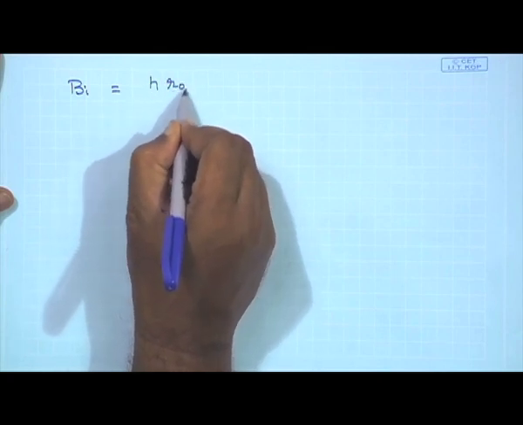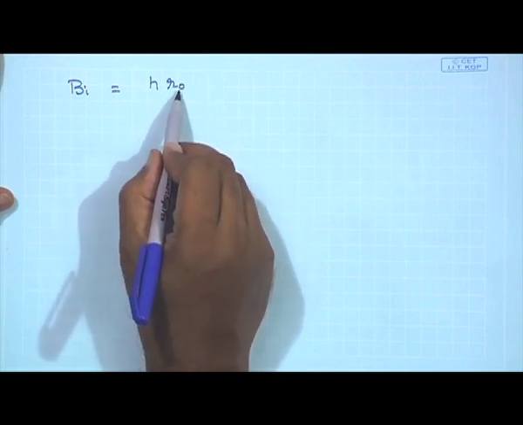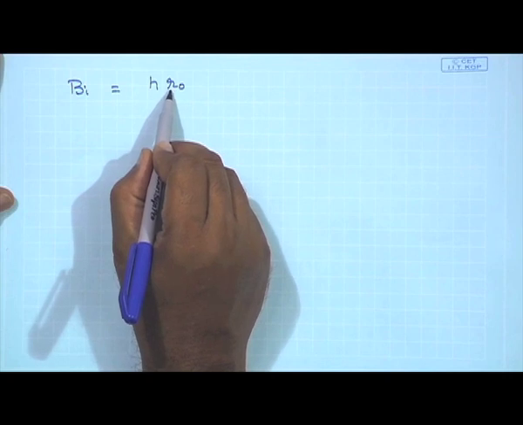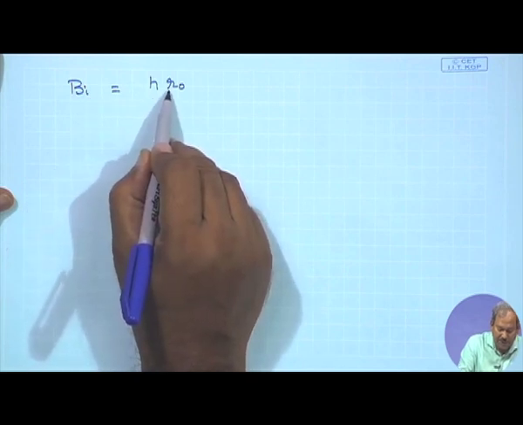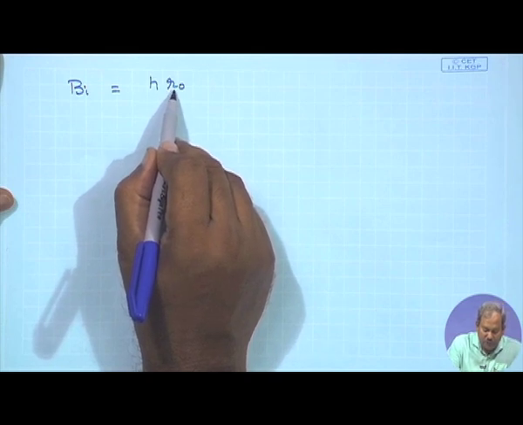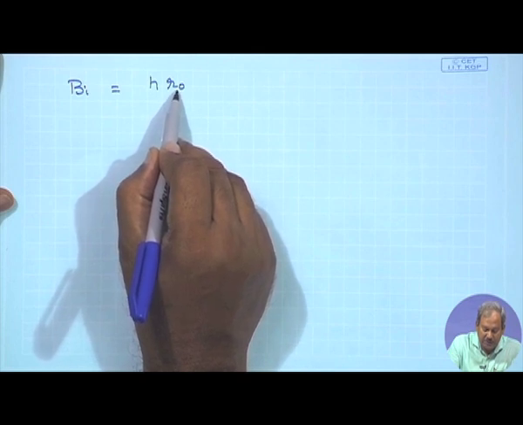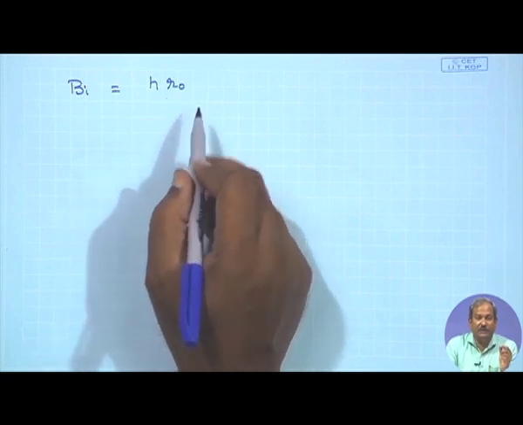Ideally the characteristic length should be R0 by 2, but as I mentioned before, in order to be on the conservative side for calculating the Biot number and deciding about the applicability of the lumped capacitance model, generally the characteristic length is taken to be the length scale across which you get the maximum change in temperature.